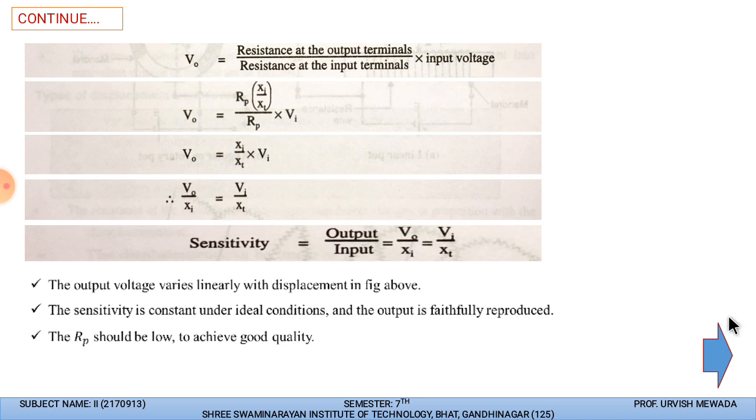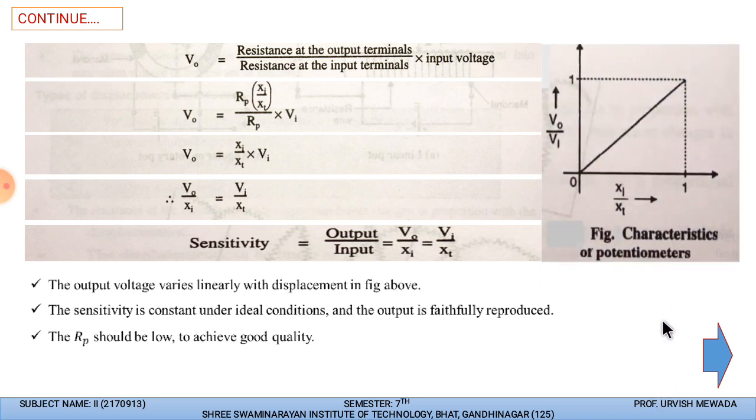Let us consider one characteristic of the potentiometer. From this we can easily say that this is the V output by V input, and this is the X i by X t.